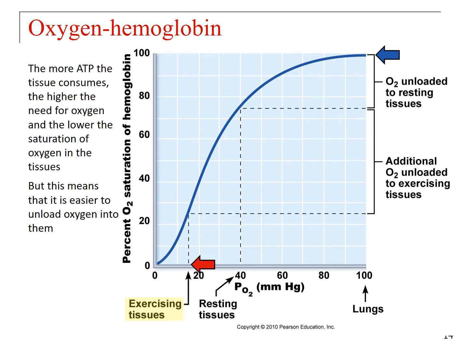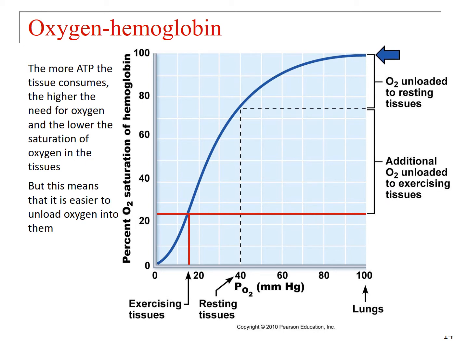And so let's see how that corresponds with our graph. Again, about 25% saturation. Look at the y-axis, you can see it's 25% saturation. Now, considering the O2 saturation in arterial blood, you've got this much of a difference between the arterial blood and the exercising tissues.